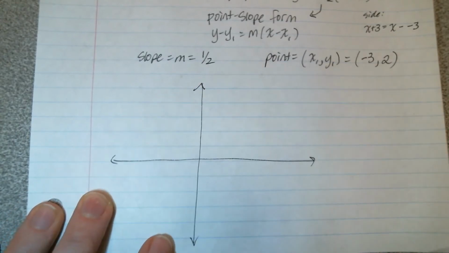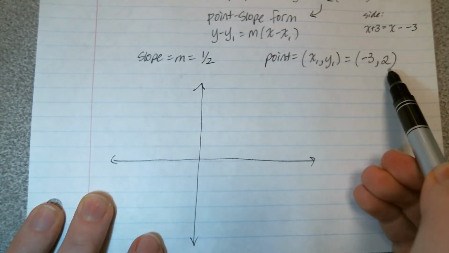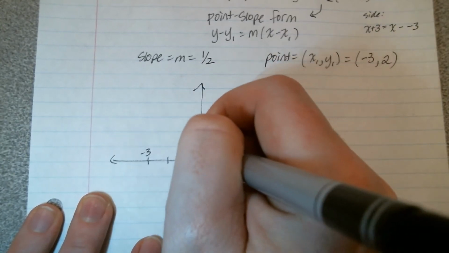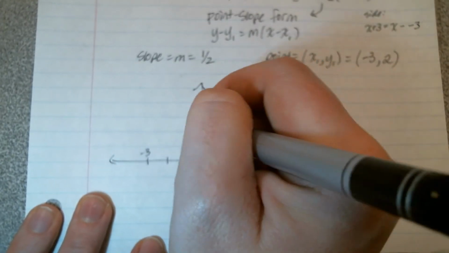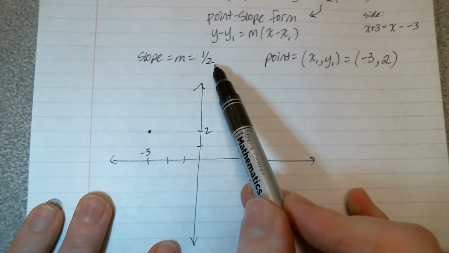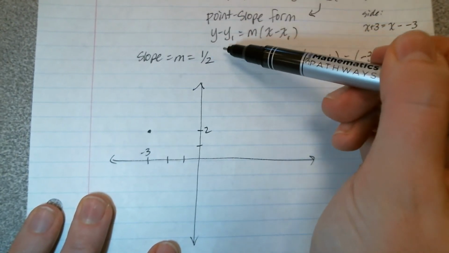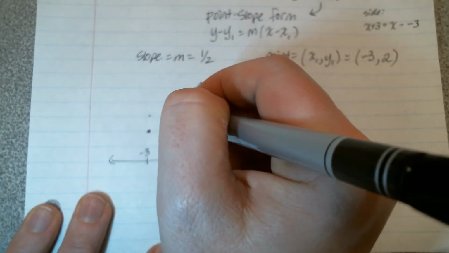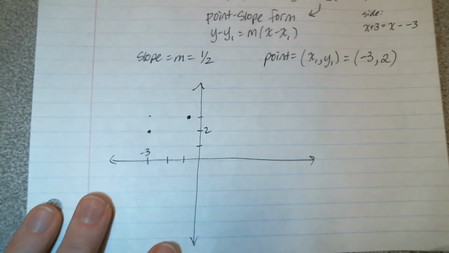So I need to plot the point (-3, 2) right here. And the slope is 1/2. Again, that's rise over run. So I'm going to go up 1 and over 2. I have 2 points.